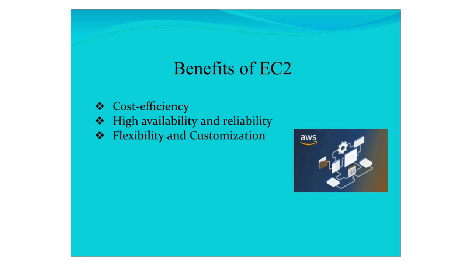Flexibility and customization: choose from a wide variety of instance types, sizes, and configurations tailored to your needs. Secure by design: AWS provides various security features, like network firewalls and access controls, that help protect your data.